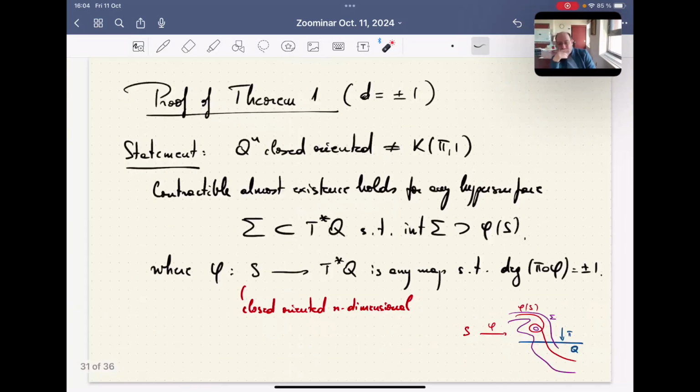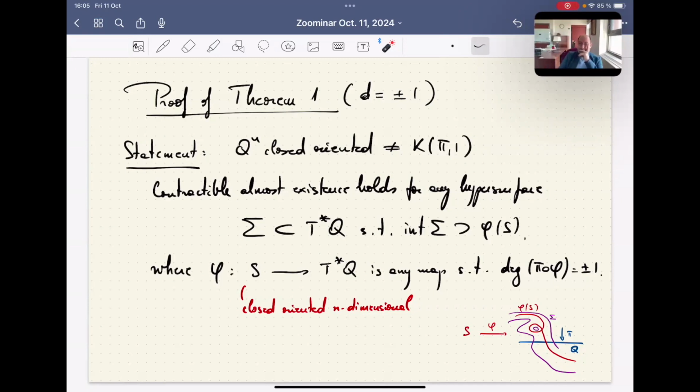Okay. And now I get to the proof of theorem 1. I recall the statement, and I will focus on the statement when the degree is plus or minus 1. I take a closed oriented manifold of dimension n, which is not a K(π,1).